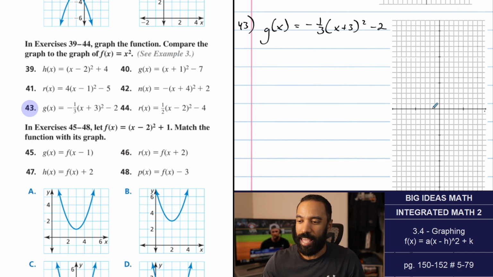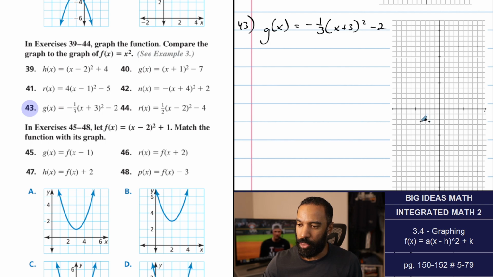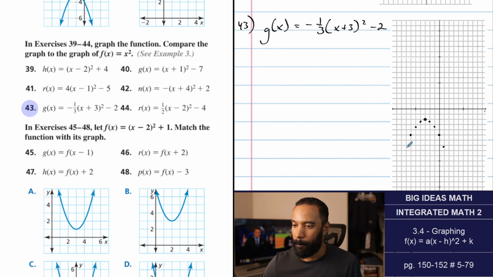So the vertex is at negative 3, negative 2. Negative 1/3 means we're going to go down, but instead of going down 1, we're going to go down 1/3 of 1. We're going to go down 1/3 of 4 when we go over 2. We go over 3, we'll go down 1/3 of 9, which is 3. Down 1/3 of 16 is 5 1/3. Down 1/3 of 25 is 8 1/3.